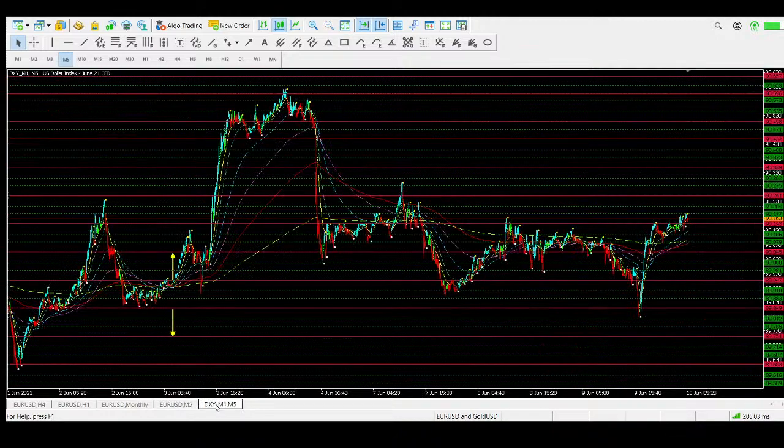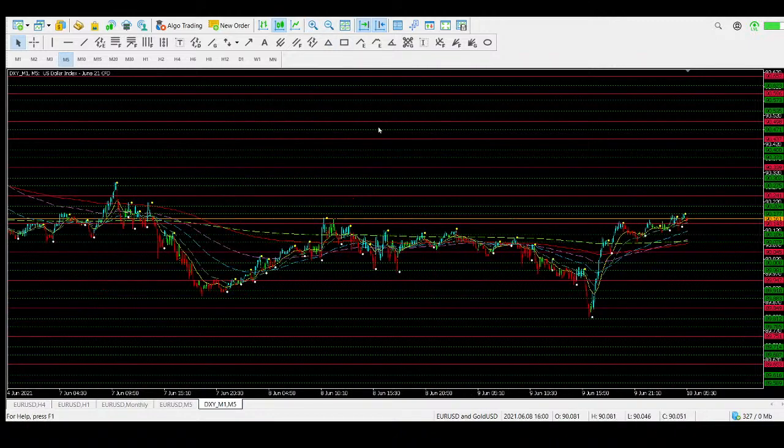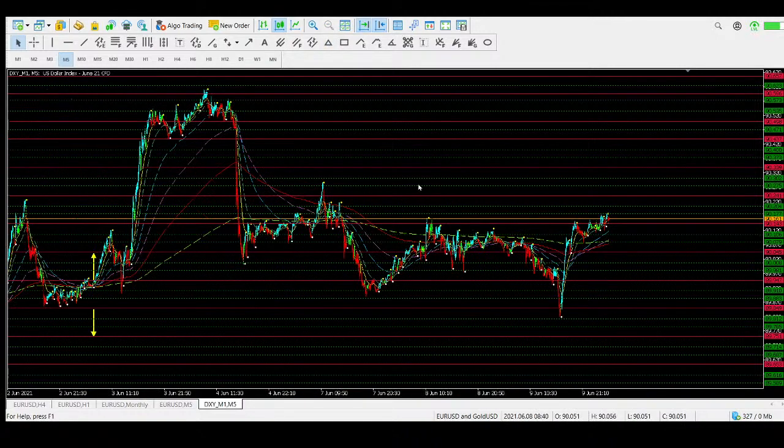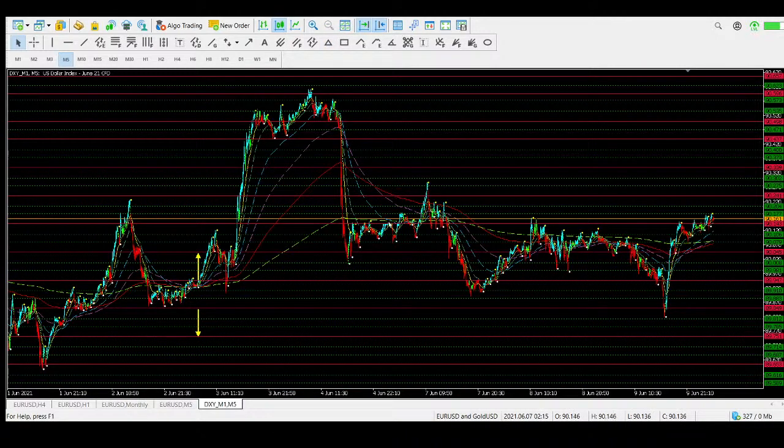So looking at both, you can look at the dollar. As I mentioned, the analysis was done on the longer time frame, and this setup here in the 5 minutes is to try and find your entry point.